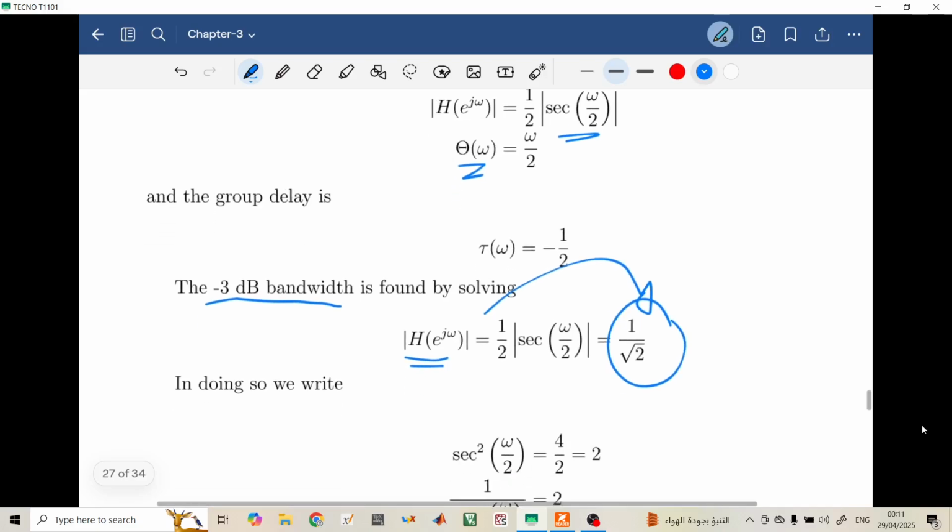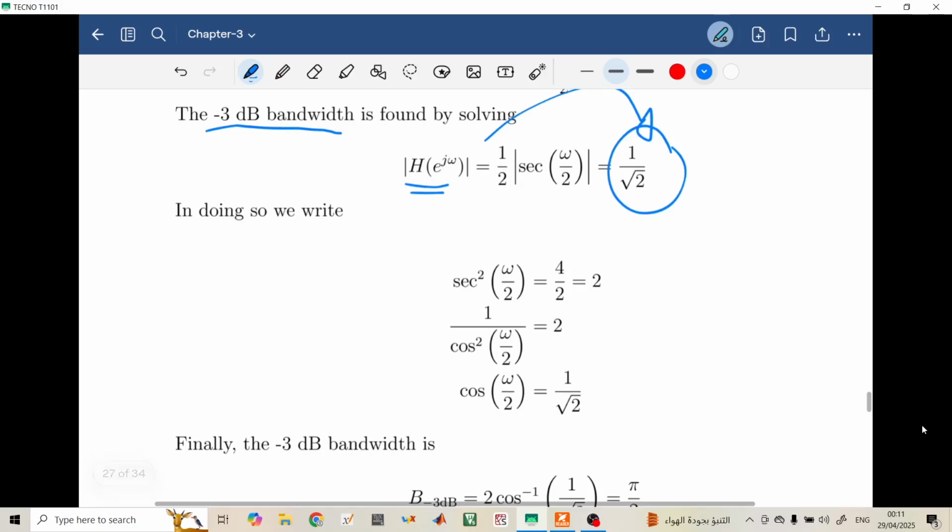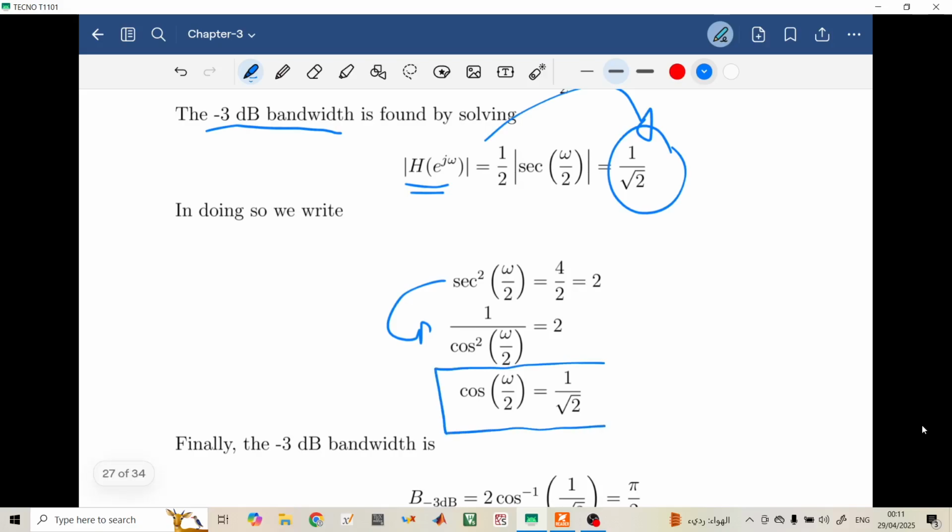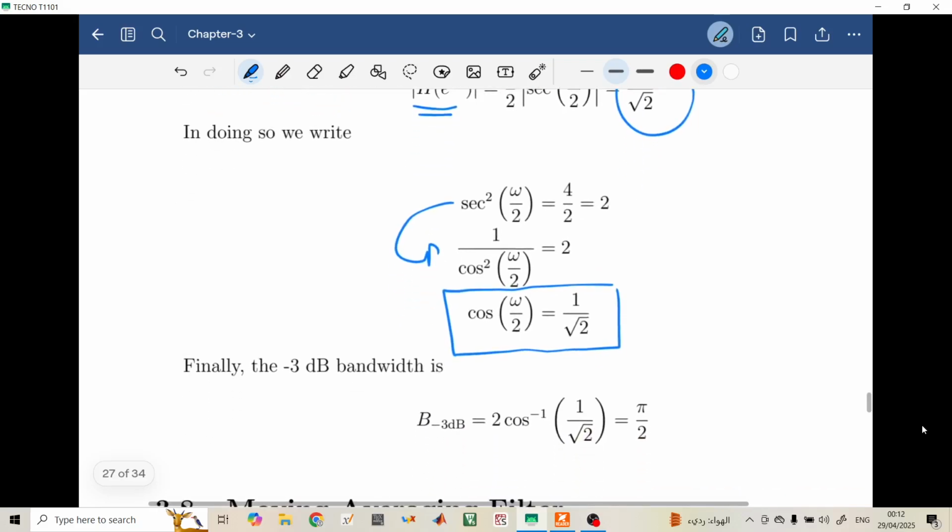Let us square both sides, and then redefine the secant by the cosine, arrange the terms and take the square root of both sides, and only consider the positive value of the output, since we are looking into the positive side of the bandwidth, right? Solving for this equation, we get simply pi over 2. So the minus 3 dB bandwidth in this case is pi over 2.